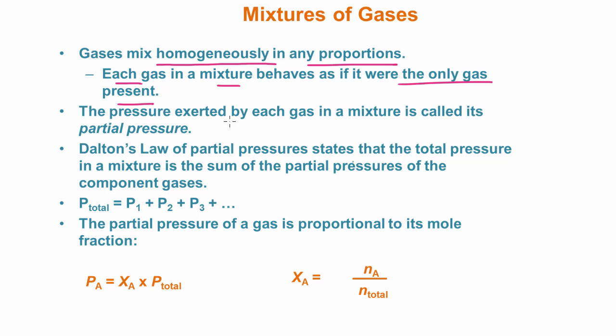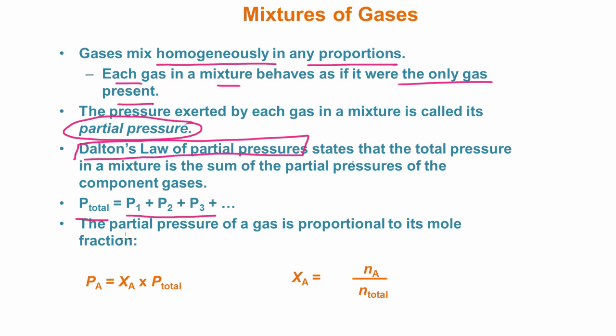So the pressure that each gas exerts in the mixture is called the partial pressure. Dalton's law of partial pressures states that the total pressure in a mixture is the sum of the partial pressures of the component gases.